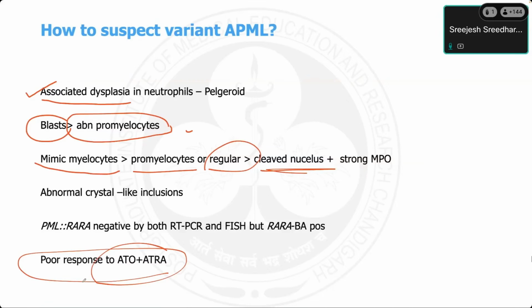So I'm stopping at this point, and again, I'm just highlighting the importance of morphology, the importance of clinical features, and the importance of a stepwise approach in reaching a definitive conclusion. Thank you, and I'm ready to take questions.